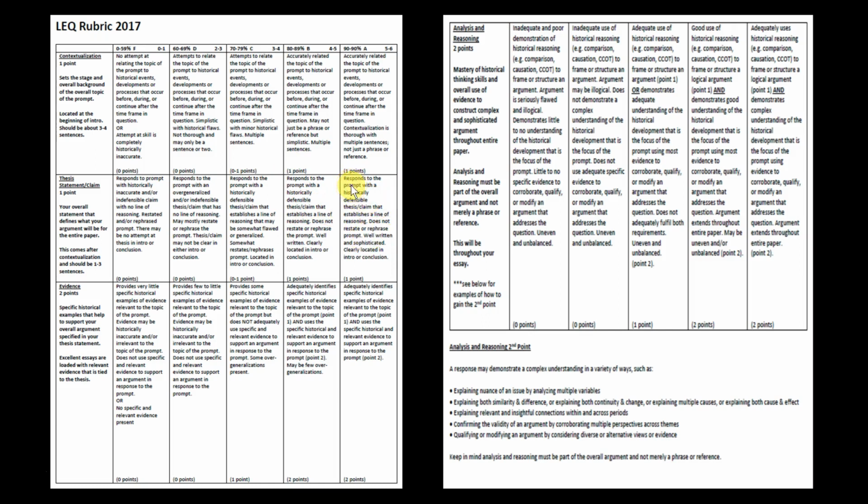And then it's a 6-point scale, and you can see the points of 5, 6, 4, 5, 3, 4. So if you're in these two boxes right here, then you're going to earn the point for that particular task that you need to do. So contextualization, your thesis, your evidence, again, what you need to do to get those points, your analysis and reasoning. And again, we'll go over all of these rubrics on another day.